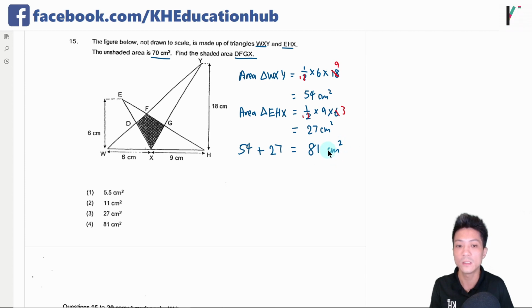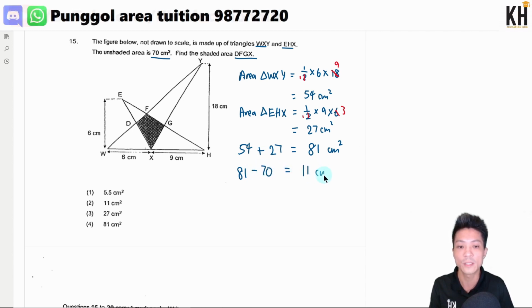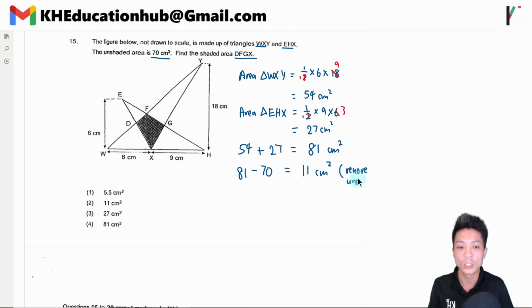So this includes the shaded area, which is overlapped twice. Now I'm gonna use 81 minus 70 first to give me 11 square cm. This is to remove the unshaded area.